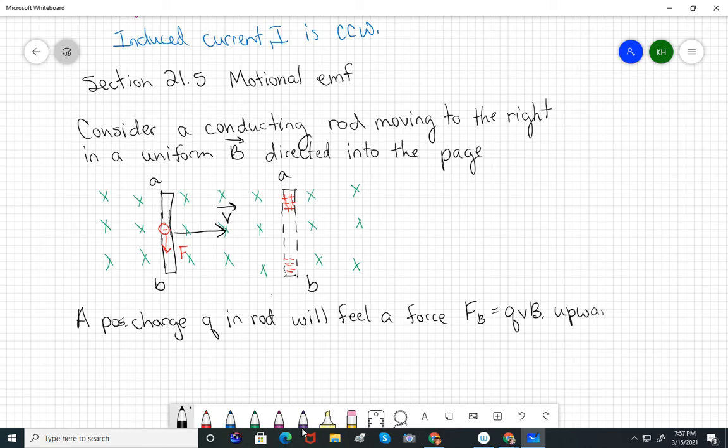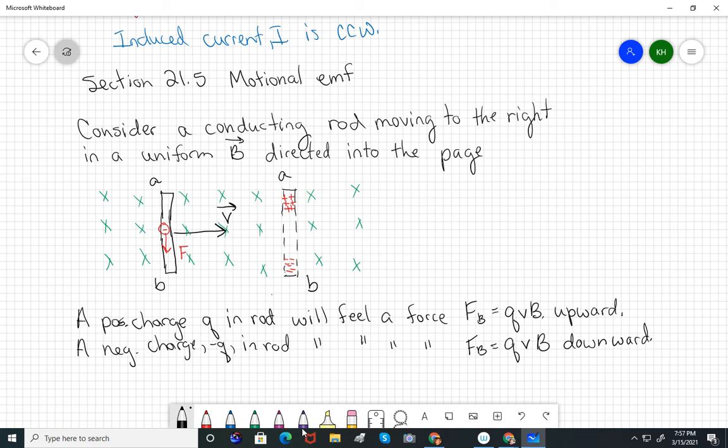Of course, the positive charges are usually not actually free to move. A negative charge, call that negative Q, in the rod will also feel a force equal to QvB, but it will feel it downward towards point B.